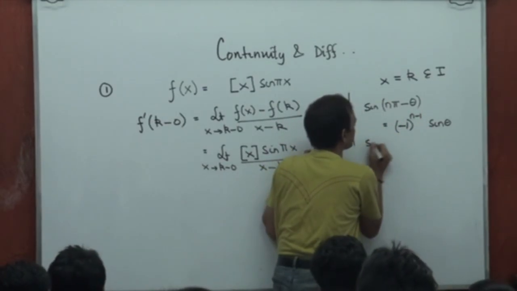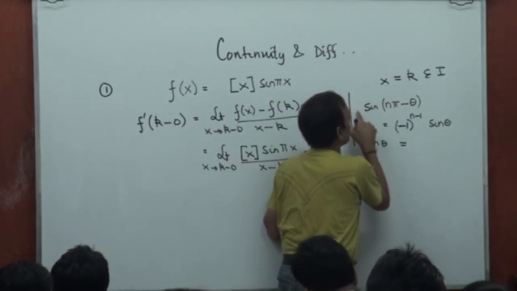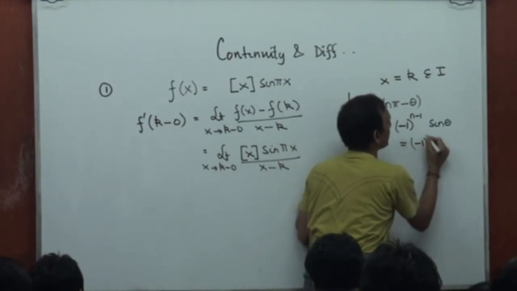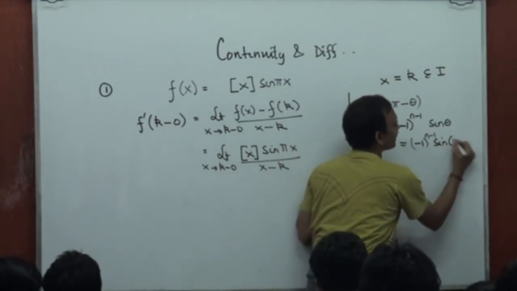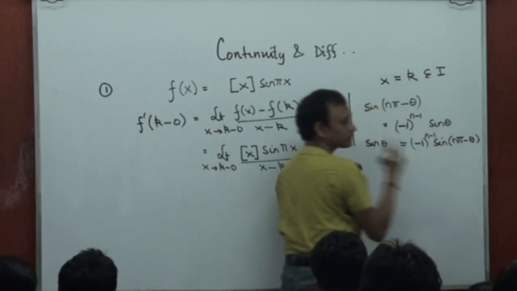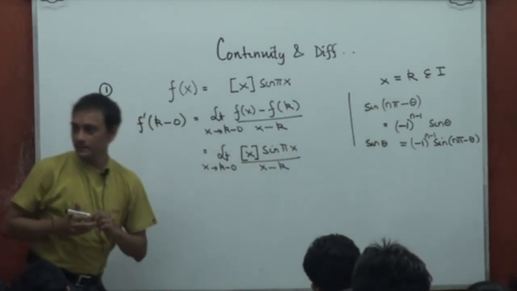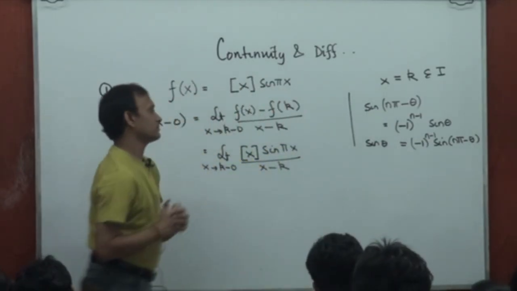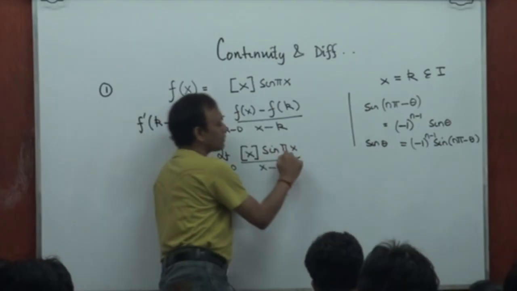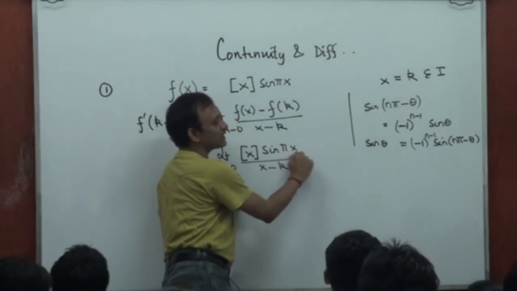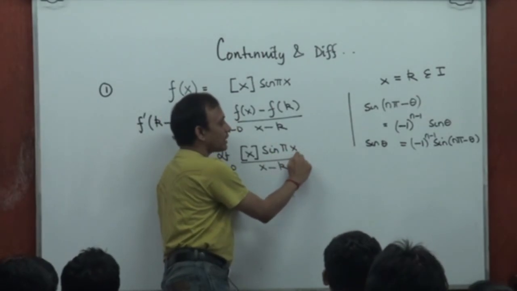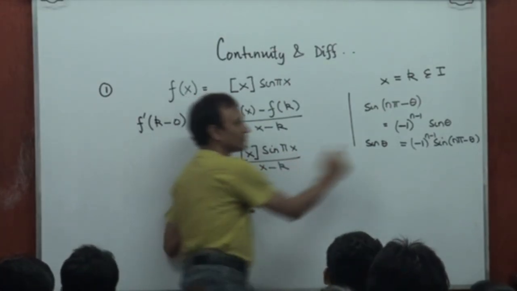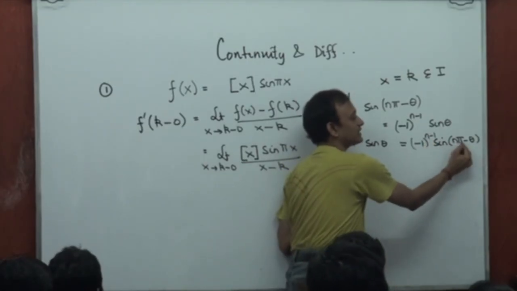Or I could also say this minus 1 to power n minus 1 can occupy a place here as well. So, sine theta, I could write this as minus 1 to power k minus 1 sine k pi minus theta.